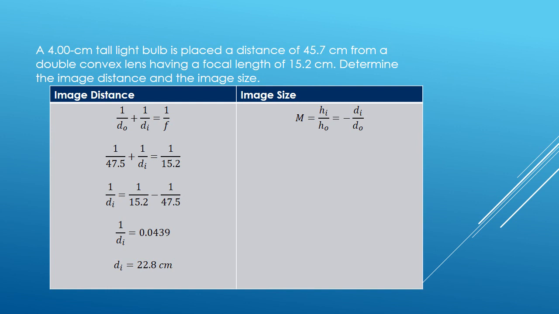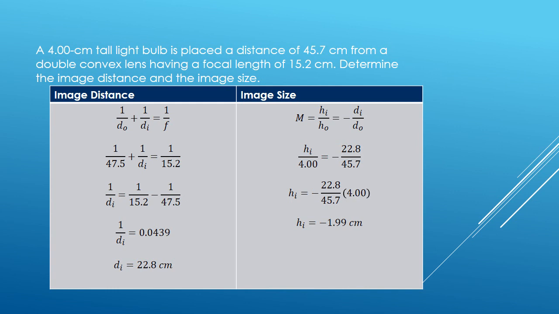Now let's look at the image size. In this case, I'm not solving for magnification, so I can just leave that m off and just look at the height of the image versus the height of the original object. So I'm going to plug in the height of my original object, 4 centimeters from my original problem, plug in that 22.8 I solved for in the previous part, and that 45.7.